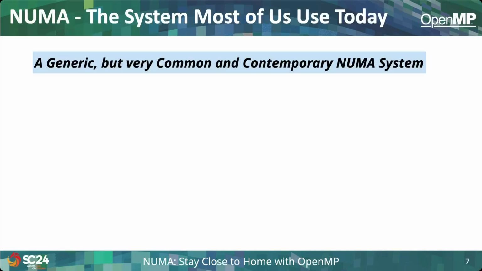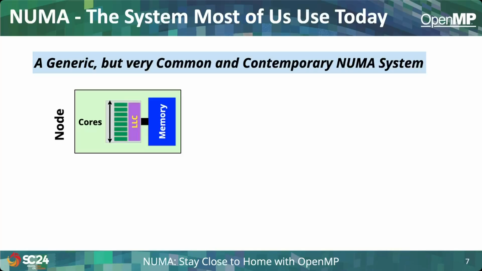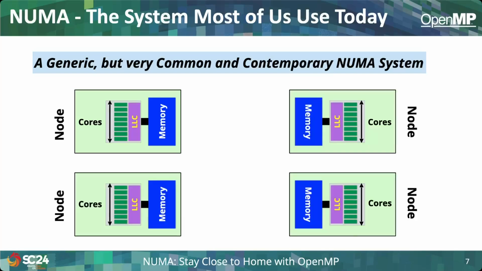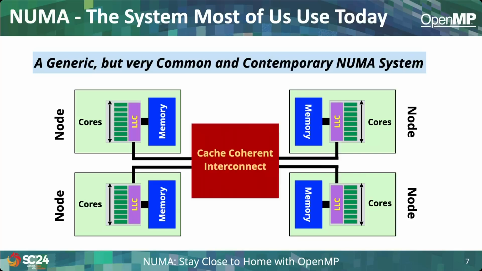Let's look at a contemporary NUMA system as we see them today. We have the node that I just introduced, but now we have multiple nodes. How do we connect them? We can connect them with a regular network, let's say Ethernet, and then we have a cluster of nodes. But you can also have a customized, highly proprietary interconnect called a cache-coherent interconnect. And that's very different.